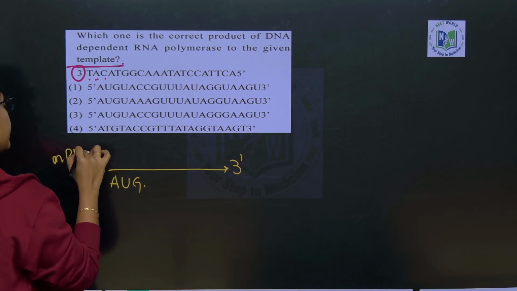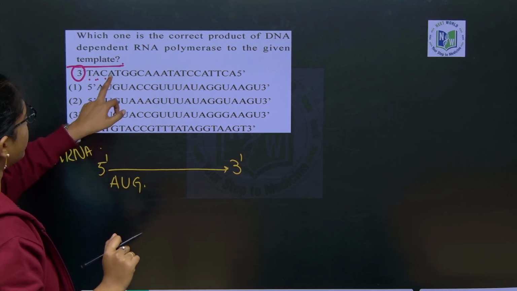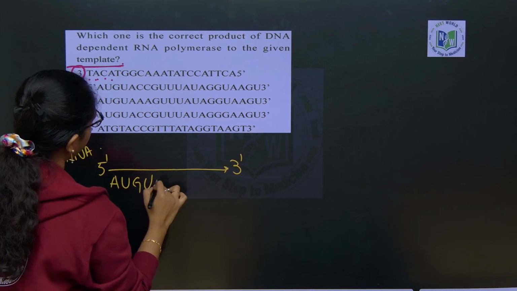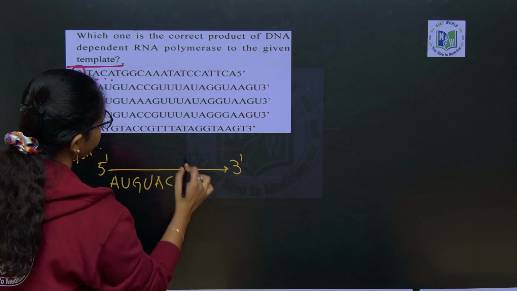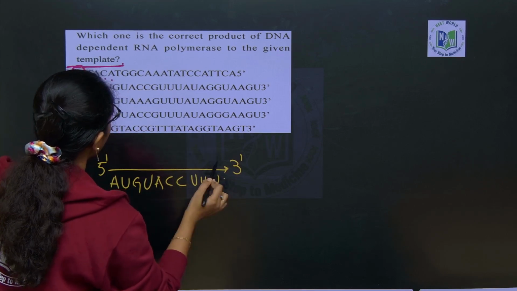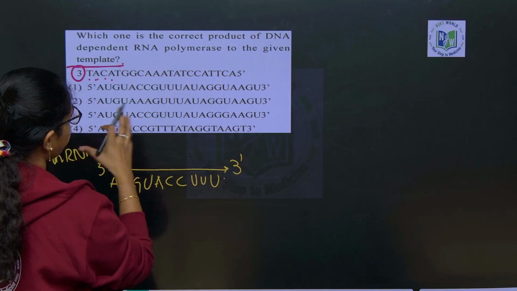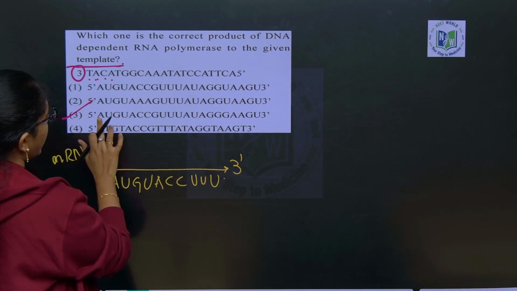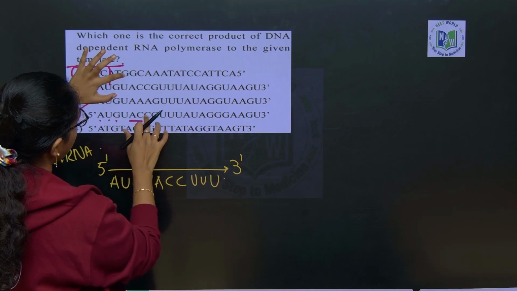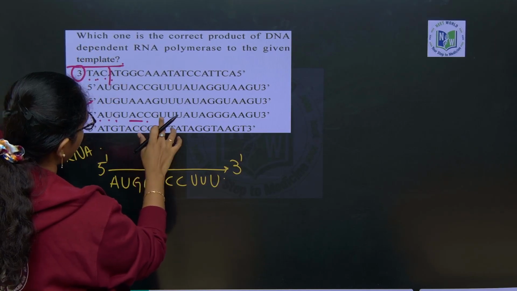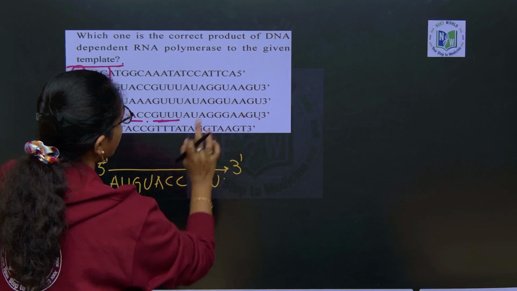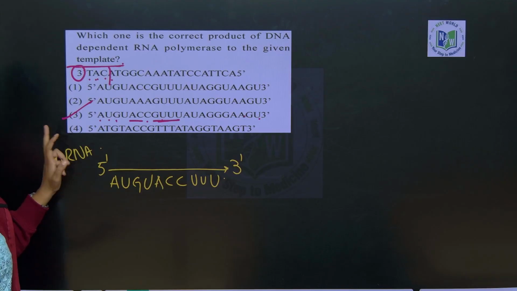Next, A, that is U, C, next adenine, so again it is uracil. Here itself you will get from 5 prime to 3 prime, that is option 3. AUG, UAC, CG and UUU, and last also you can check. So option 3 is the correct answer.